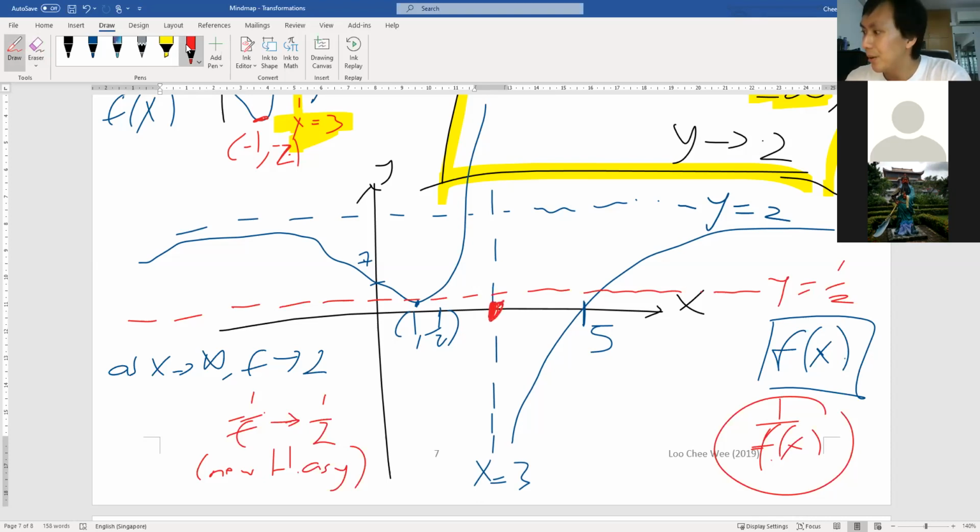Then 5 was a root, it becomes a vertical asymptote now. Then y-intercept was 7, so it becomes 1 over 7. Wow, it's going to get ugly. Minimum point of 1, 2 becomes a maximum point of 1, 2. Sorry for the mess, but okay so far.